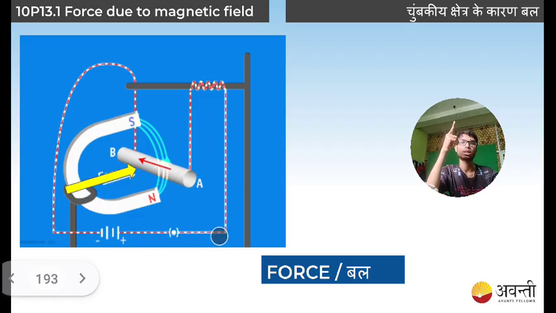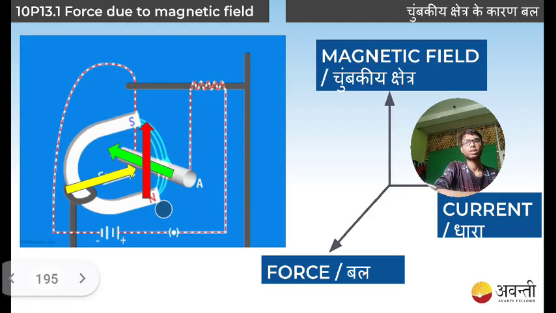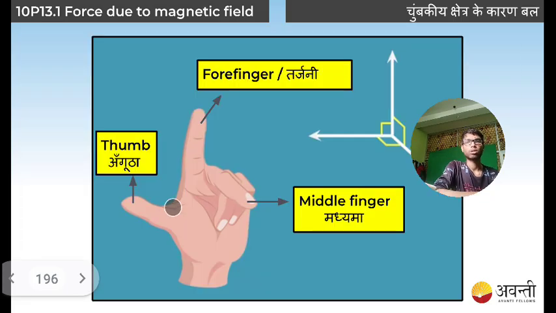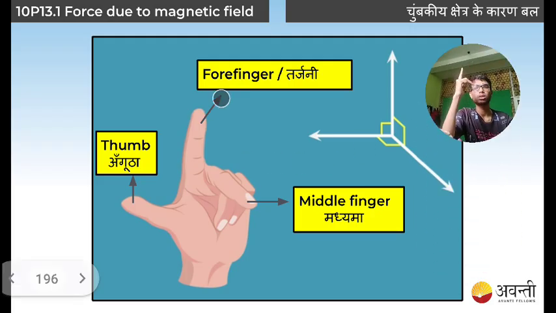This thumb is force. This is current, okay. This is magnetic field. So the middle finger is current, the forefinger is magnetic field, and this is a thumb.